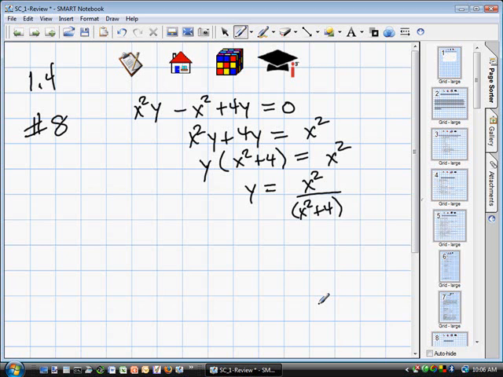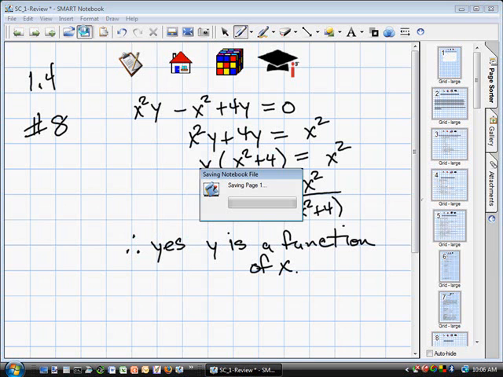So I should put down, therefore, yes, y is a function of x. That little triple dot, I don't know if I told you guys, is a shortcut for therefore. You'll see that in science and math classes.